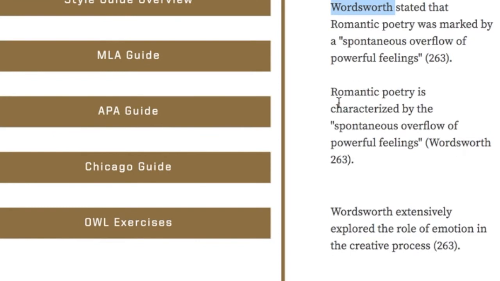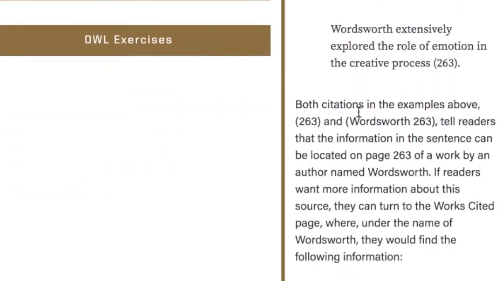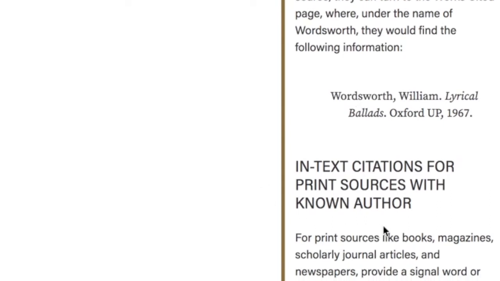However, if you don't indicate the author's name within the sentence, like in this example, you would want to put the author's name in parentheses, and then again, punctuation goes outside the parentheses. So that's just a helpful, I hope, quick reminder of in-text citations.